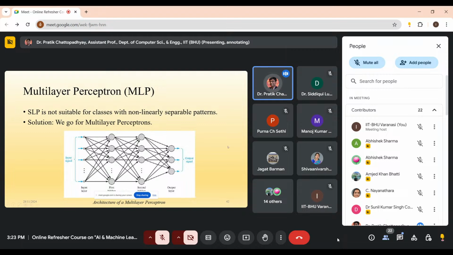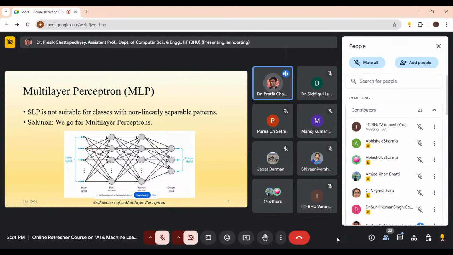So the architecture of a multi-layer perceptron is like this. It has an input layer, as you can see. This is there in a single layer perceptron also, where we put the inputs to the network or to the neuron. After the input layer, we have a set of hidden layers.